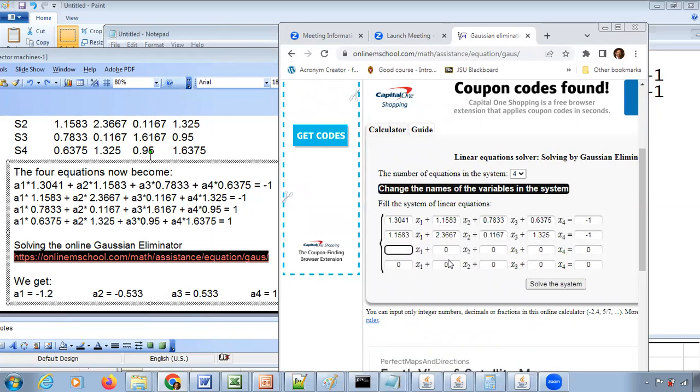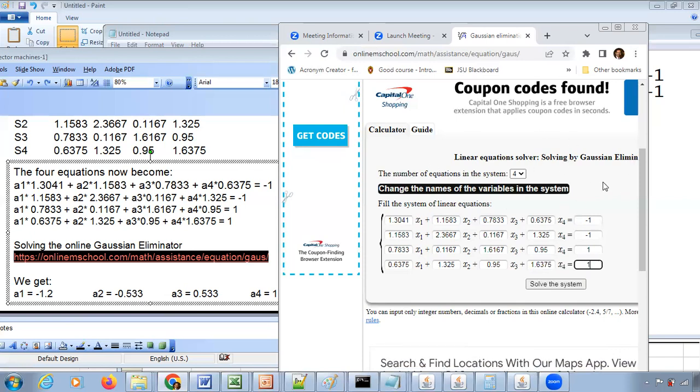Then 0.7833 times A1 plus 0.1167 times A2 plus 1.6167 times A3 plus 0.95 times A4 equals 1. And then 0.6375 times A1 plus 1.325 times A2 plus 0.95 times A3 plus 1.6375 times A4 equals 1.